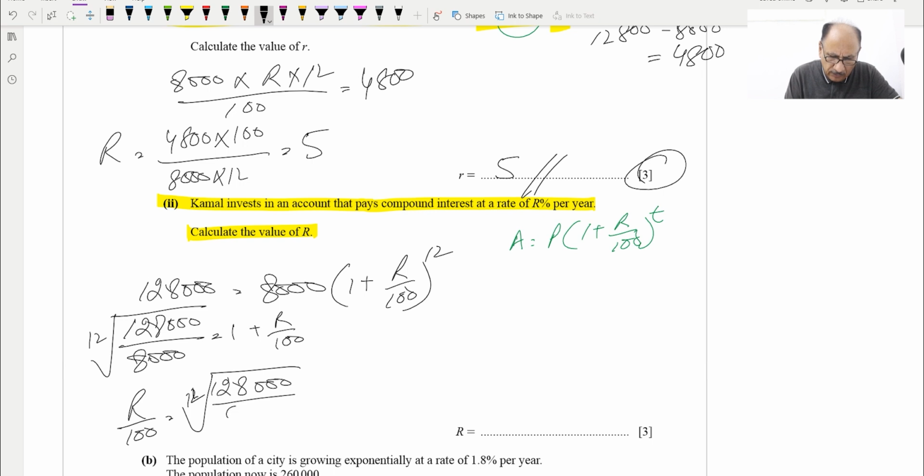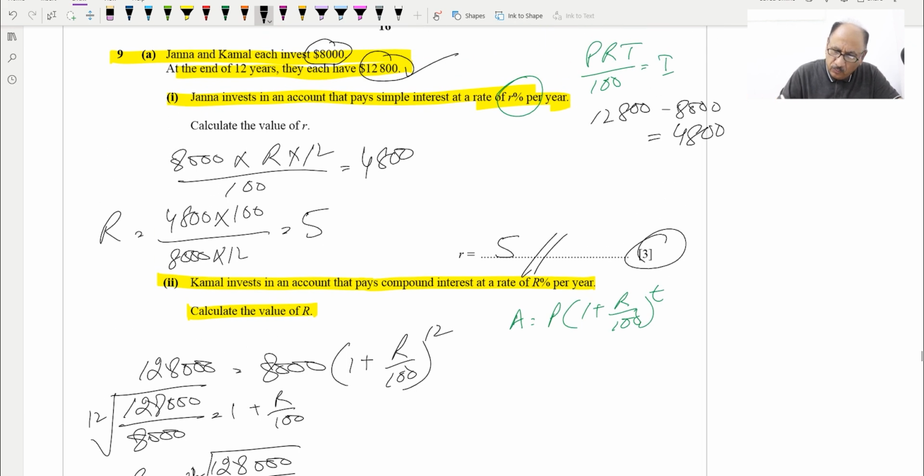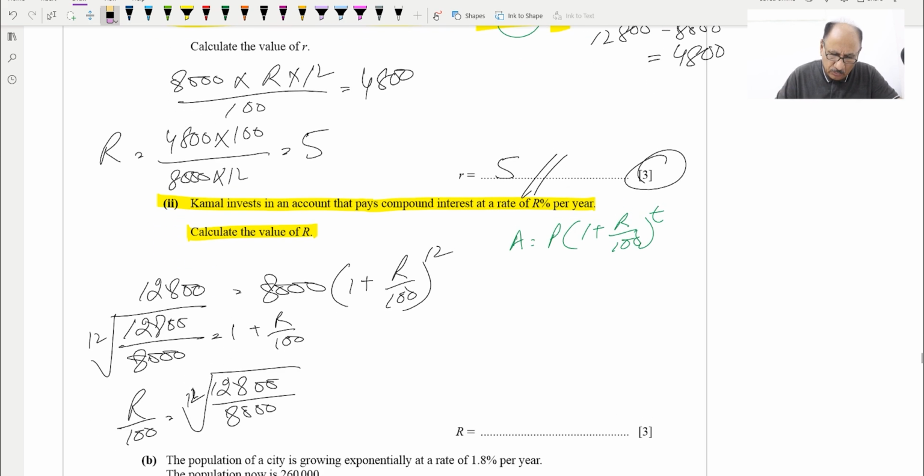12,800 over 8,000. It's 12,800, not triple zero, so I will reduce a zero from here, and also from here, and here also I reduce a zero, so hopefully now it will be fine.